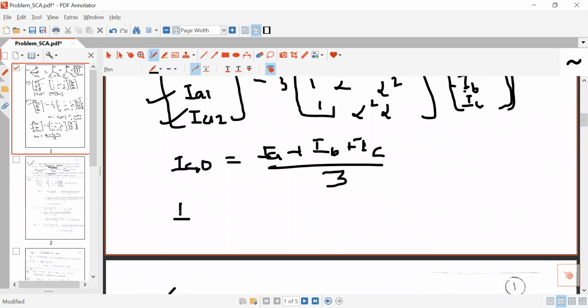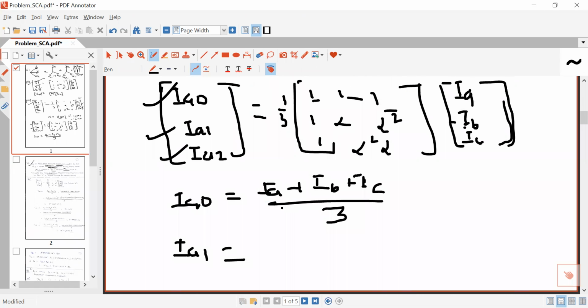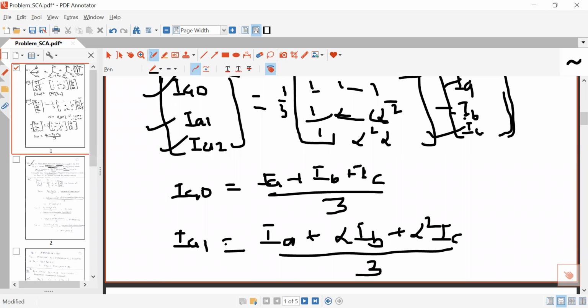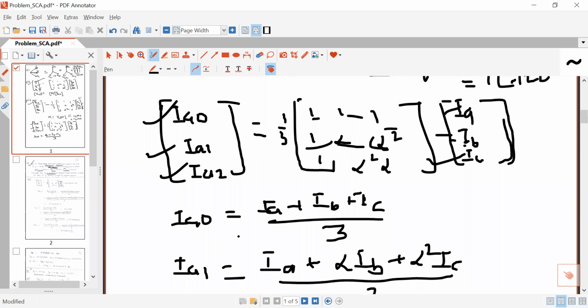Similarly, IA1 from this matrix you can write IA plus alpha IB plus alpha square IC. Just by the concept of matrix multiplication, you can determine the values of IA0, IA1 and IA2.